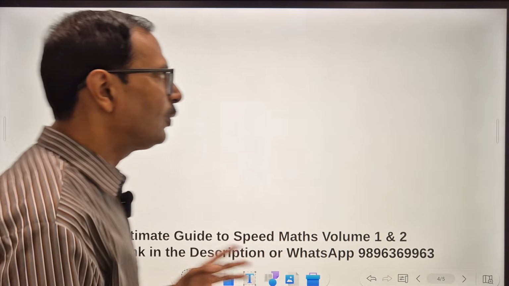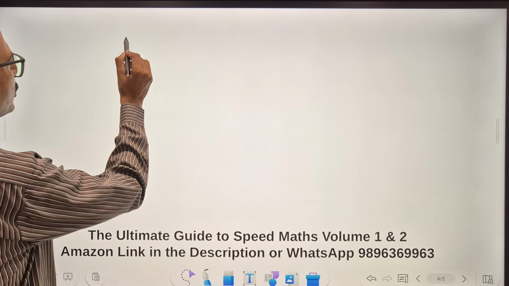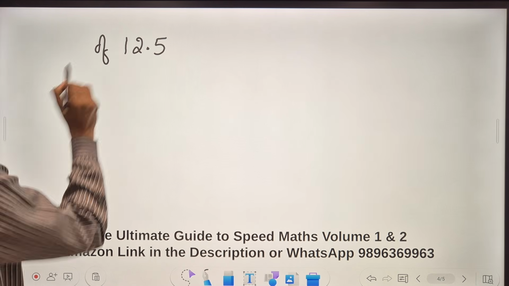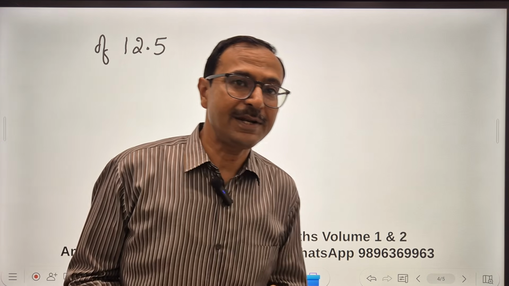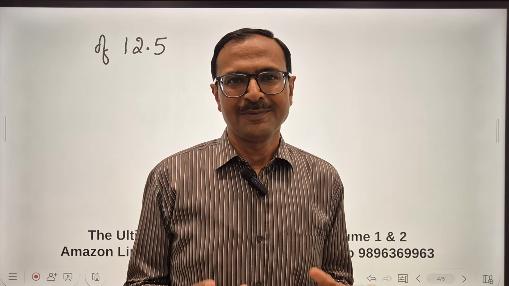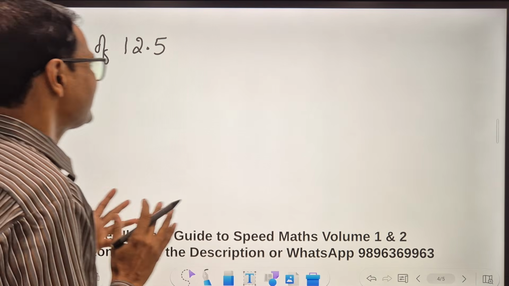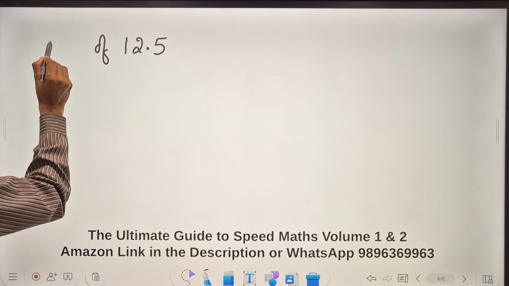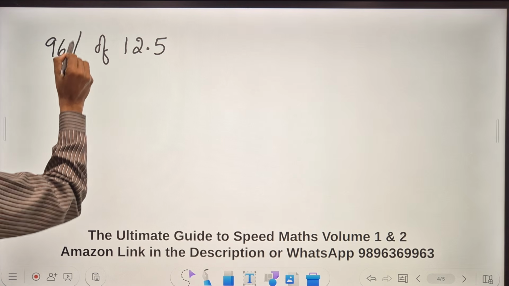Let's have some more questions. Now, do you know this number 12.5 is a very, very important number. Now, if we are finding some percentage of this 12.5, I'll tell you, it's so easy. Let's take up the number initially as say 96%.